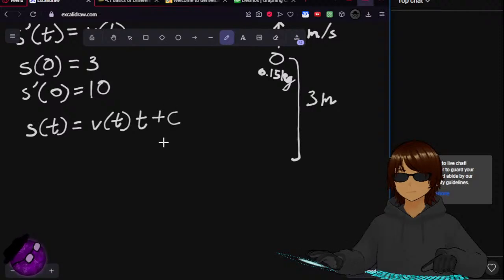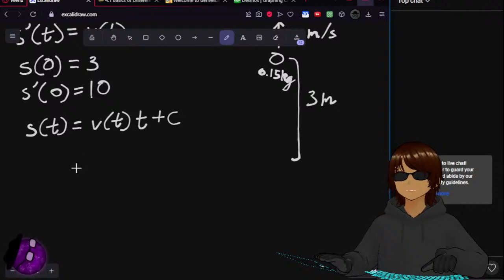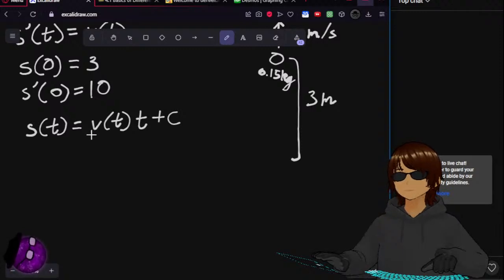Like that. And the derivative of this would be equal to v(t). But does that make sense? Because I don't think v(t) should be treated as a constant.